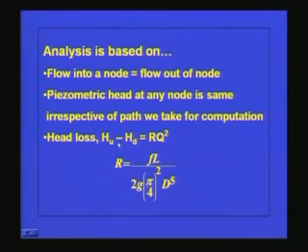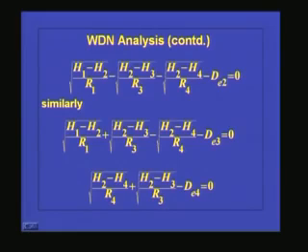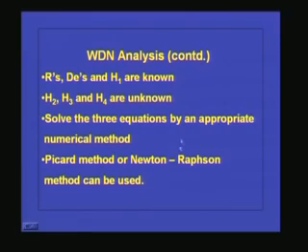If I know these, I will be able to find the flow rate in that particular pipe, because I know the length and the diameter. So, this is what I will use for analyzing the network. Now, I have already told you that I have 3 equations, and I use an appropriate numerical method.